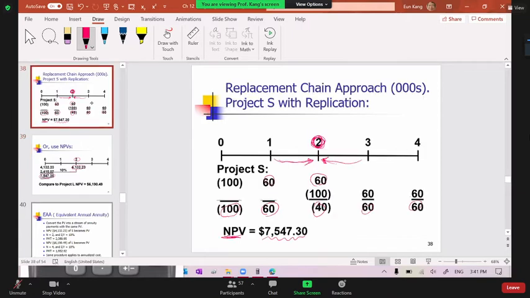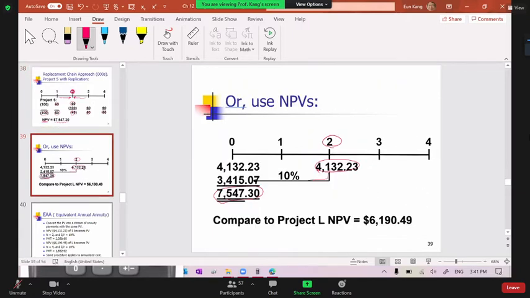Either way generates same net present value, because you will get this one today, and after 2 years, if you repeat the same NPV in year 2, that 4132 is year 2 value, so you discount to the present, and you get net present value of doing it 2 times, and you compare that to project L's NPV 6190. Well, this one is a lot bigger, so you choose project S and do it twice.